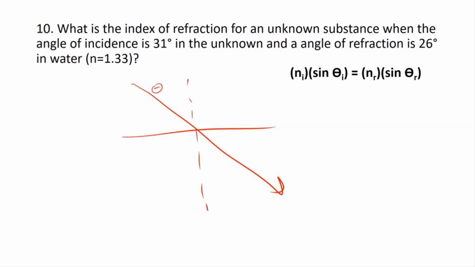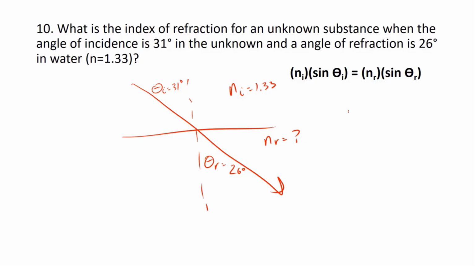Angle of incidence is equal to 31 degrees. Angle of refraction is equal to 26 degrees. And it's going into the unknown, so it's going from an ni of 1.33 to an nr of what we're trying to solve for.